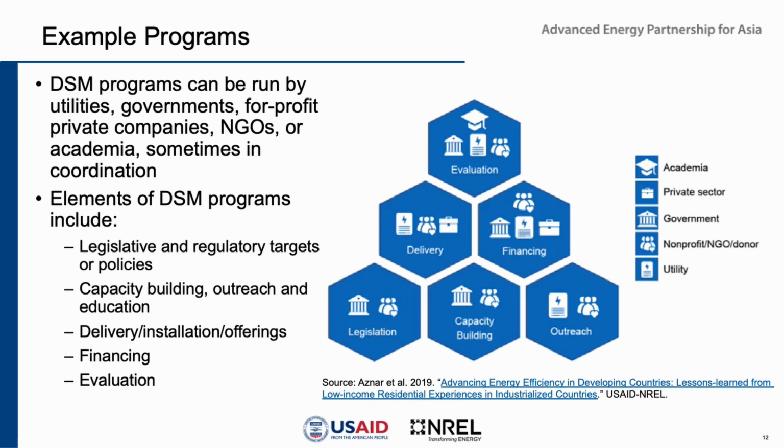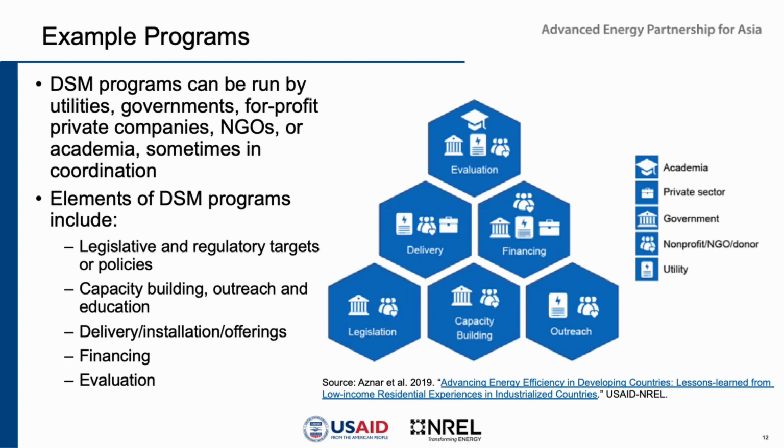They can build capacity among institutions or individuals, and this is often done through training programs. They can conduct outreach so that consumers are better informed about their energy choices.